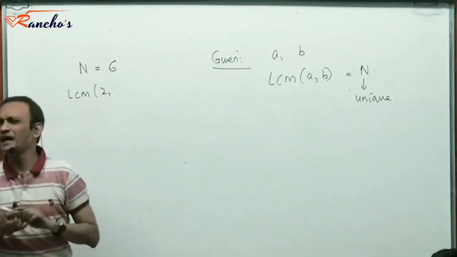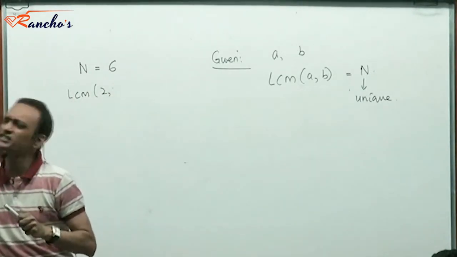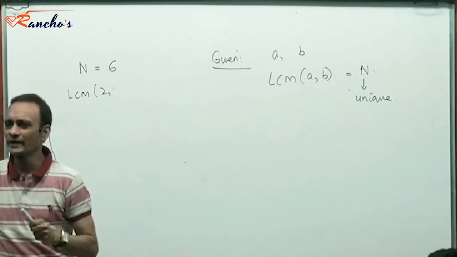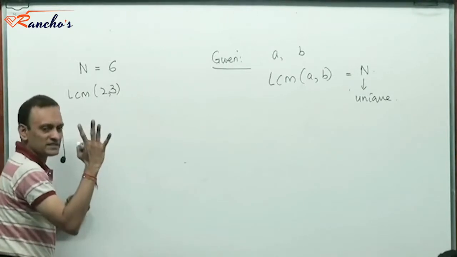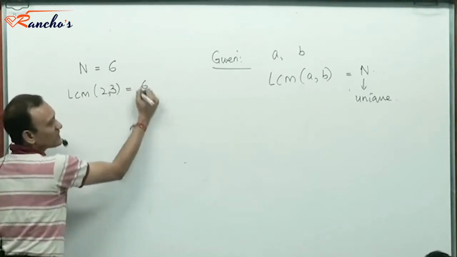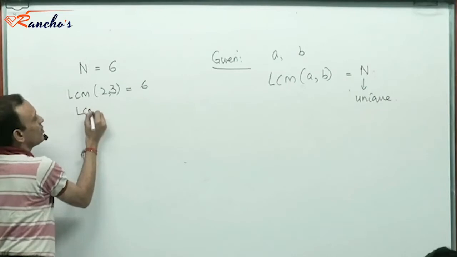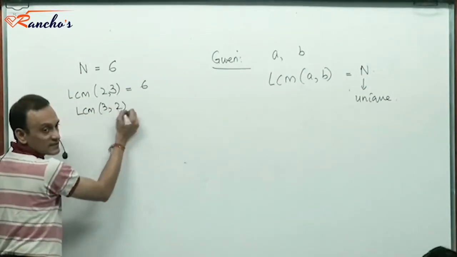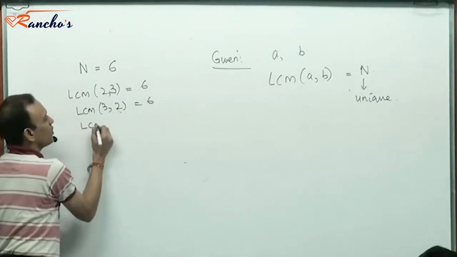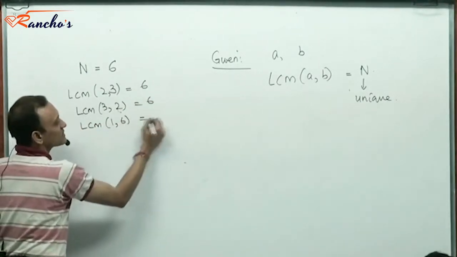For example, if I say n is 6, now how many pairs will have an LCM of 6? Let me for the time being look upon a and b as different. So 2 and 3, only for the heck of it, then we'll balance that count later on. LCM of 2 and 3 is 6. LCM of a equal to 3, b equal to 2 is 6. LCM of 1 and 6 is 6.